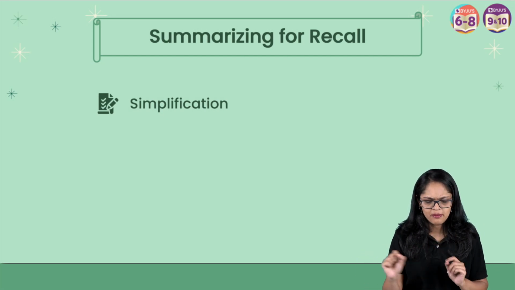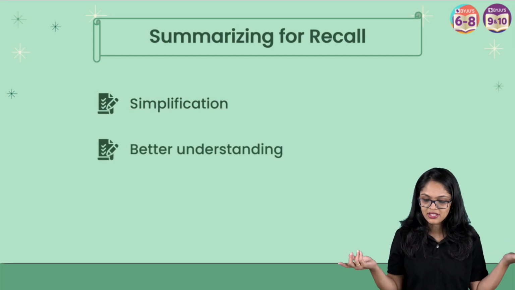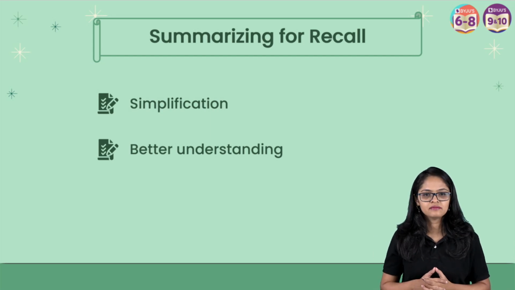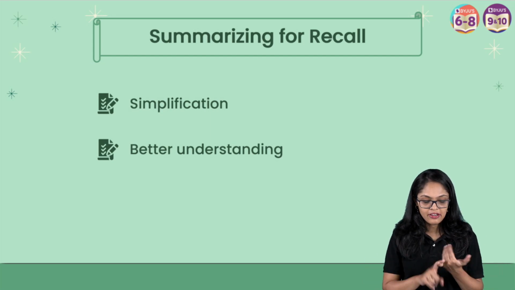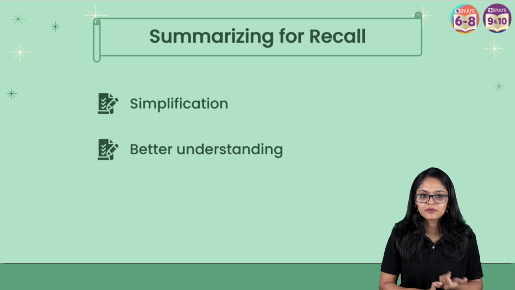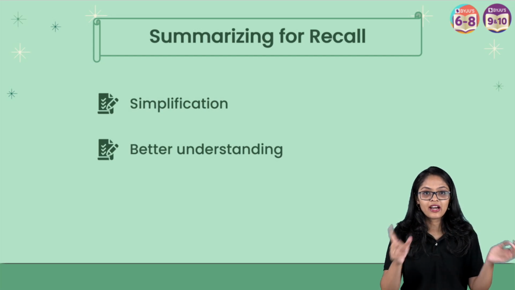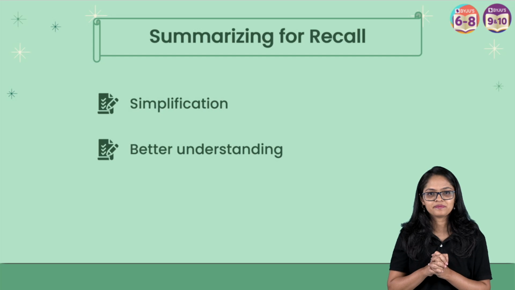Also, when you are summarizing, you understand better. Summarizing helps in better understanding. So how does summarizing help you recall? The very first thing, it simplifies the concepts. It helps you understand the concept better. Thereby, this aids long-term memory.